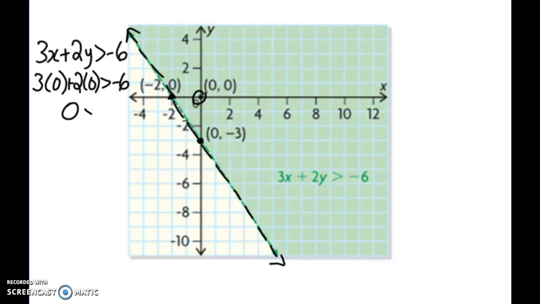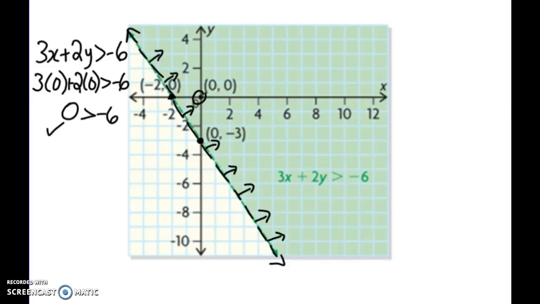So I have 0 is greater than minus 6. Is that true? Yes, 0 is greater than minus 6. So that means that we are shading this way. I won't shade right now because we still have to throw another line into this graph. So I'll just put arrows indicating which way I would shade.